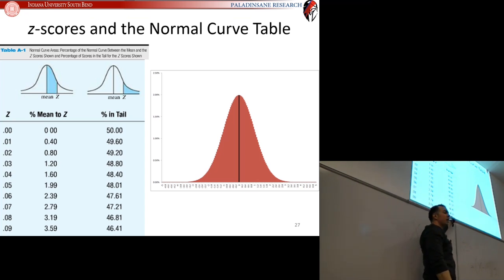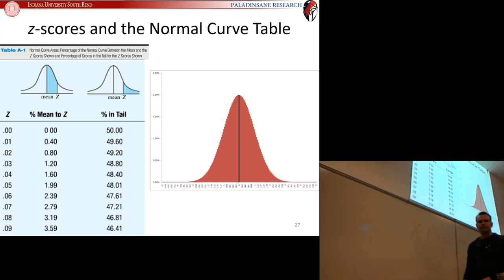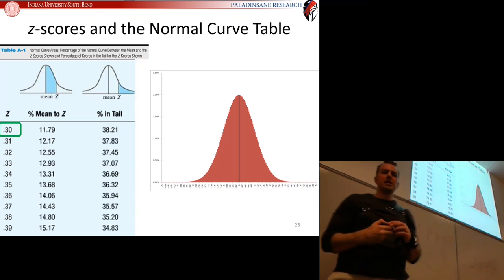And then this column over here is the proportion of the distribution that falls from your z-score all the way to the end of the distribution. So what's above your z-score, for example, what's in the tail. And you're going to use those 3 columns to answer any questions about any proportion in this unit normal distribution curve. So let's take a look at some examples of that right now.